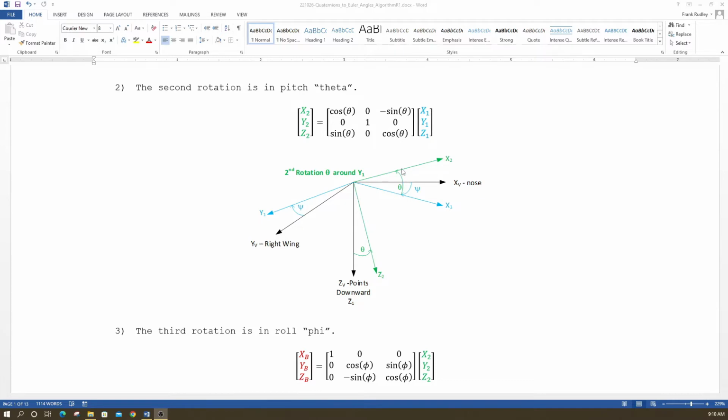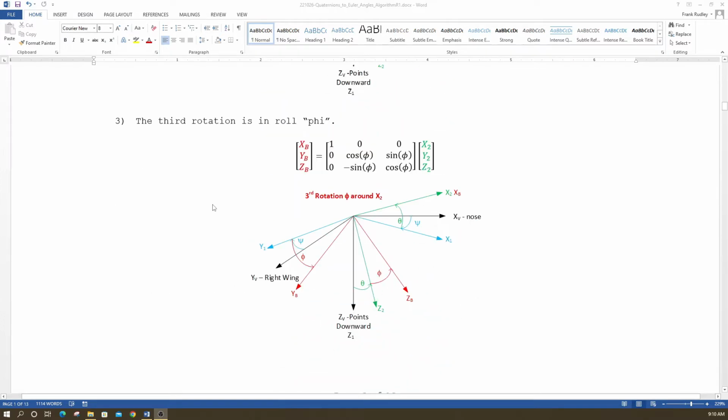So the second rotation is theta, which is pitch. So we did our first rotation, which is azimuth. Then we do our second rotation, which is pitch. And now we're going to do our third rotation, which is phi, the roll axis. So we did our first rotation around z and developed x1, y1.